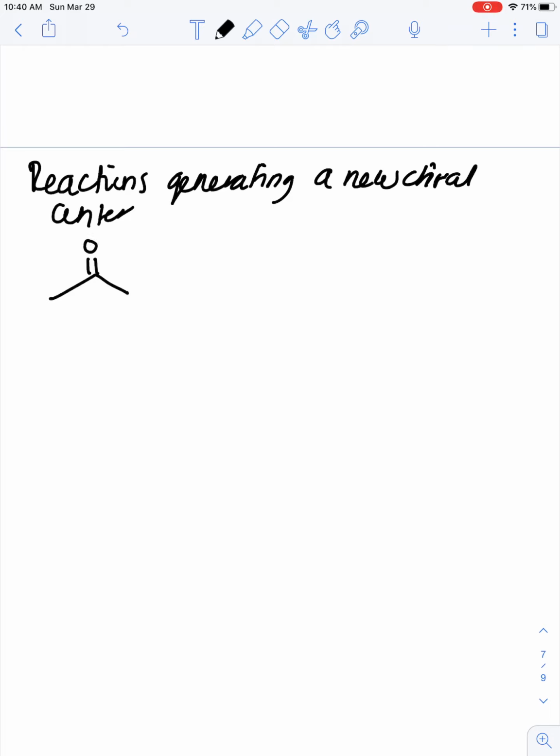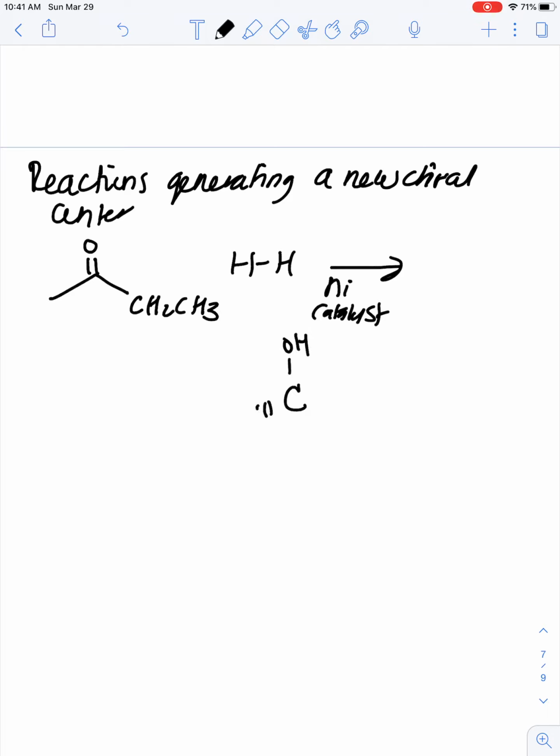So if we have this molecule here, we react it with H2 and a nickel catalyst. What we are going to form is a racemic mixture. So we're going to have two different products. We're going to have a product that looks like this, which would give us the R configuration at this stereocenter.